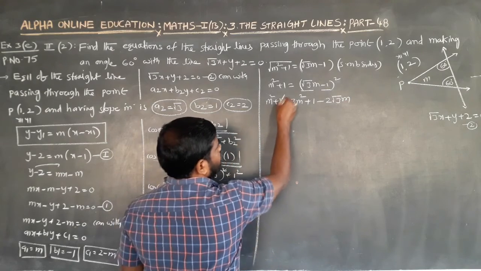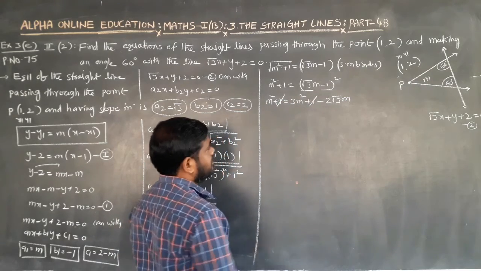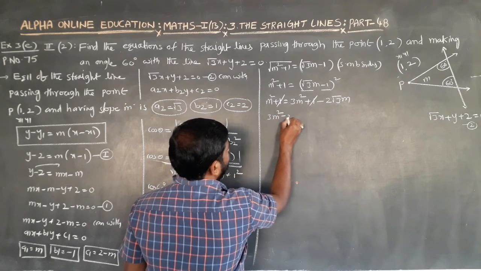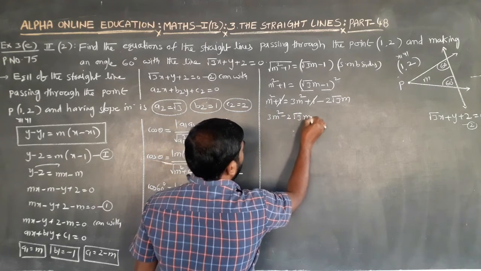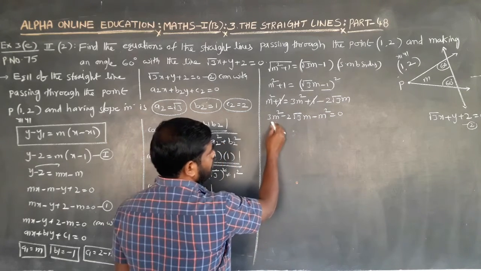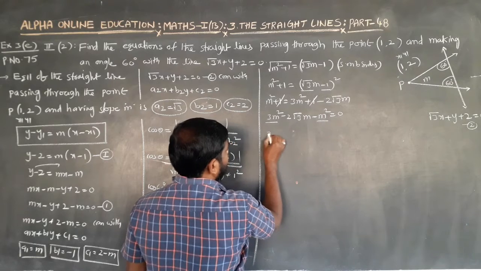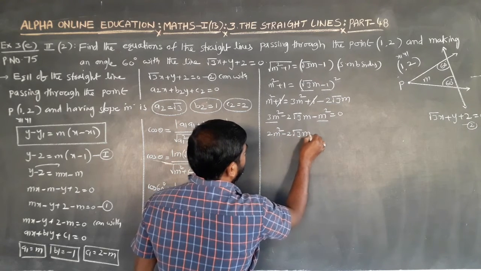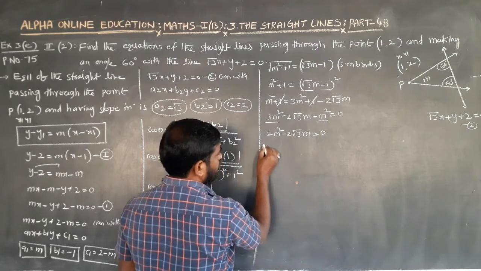Taking both sides, 1 gets cancelled. Taking m square to the right side, 3m square minus 2 root 3 m minus m square is equal to 0. 3m square minus m square is 2m square, so 2m square minus 2 root 3 m is equal to 0.